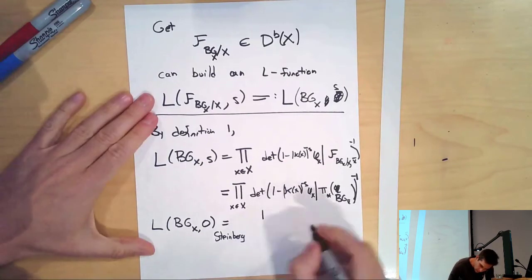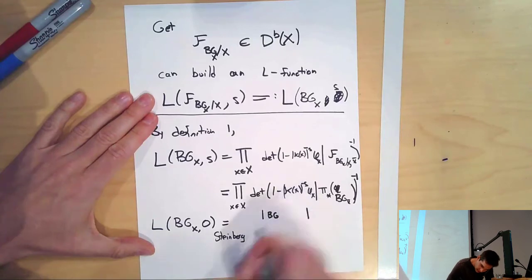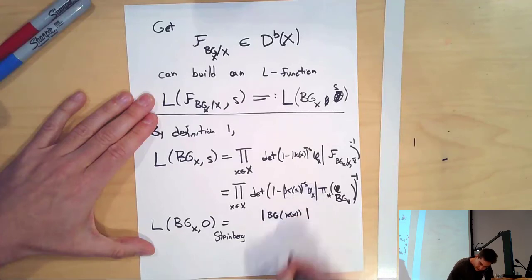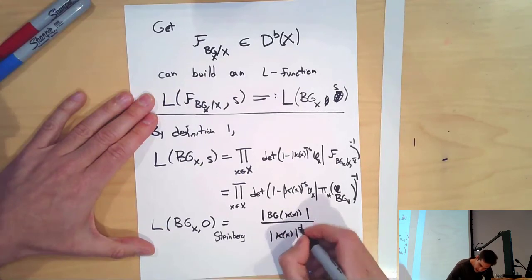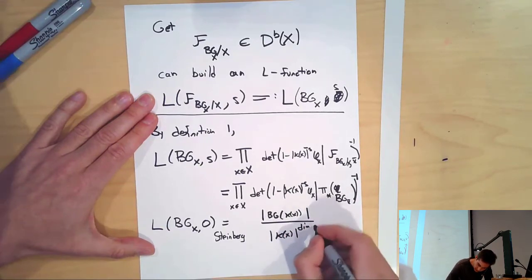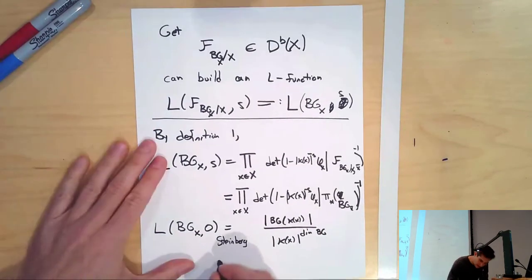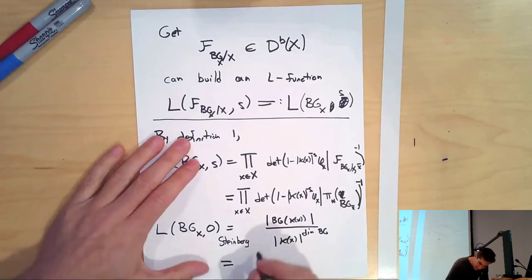And, well, by what we said before, this should be the number of points of BG with values in the residue field of x divided by the size of that residue field to the power dimension of BG, or, well, that's a little bit of a strange way to write it.